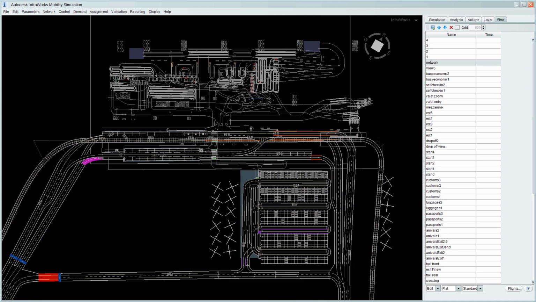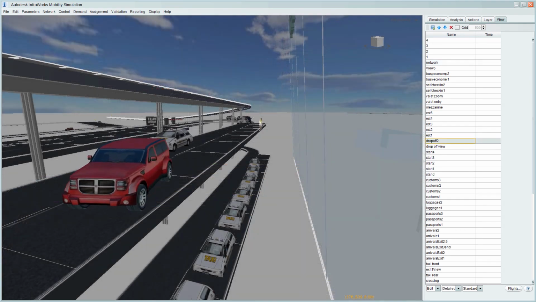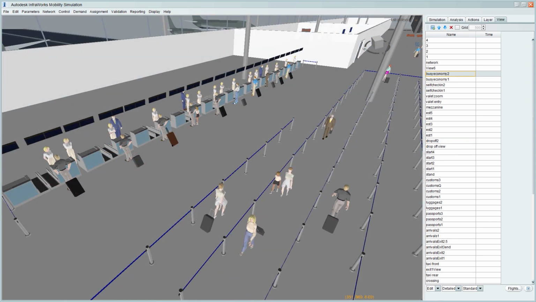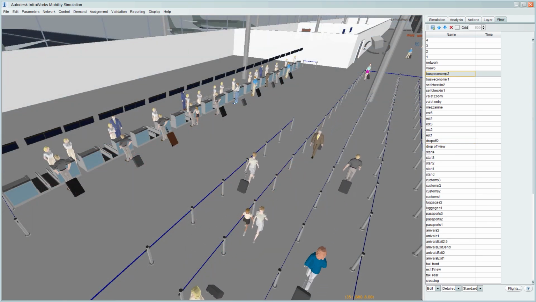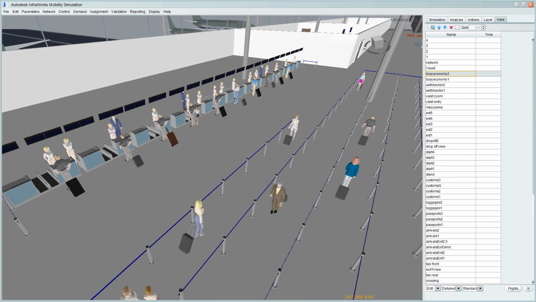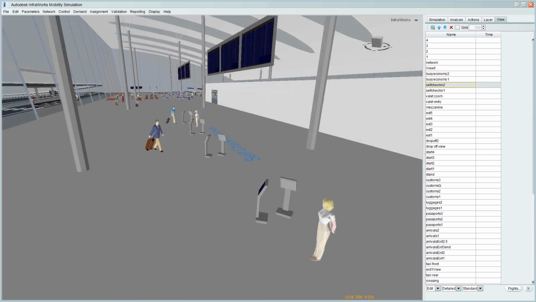This particular example is of an airport. We have a fully modeled network for this airport. So we have people arriving in cars, heading through the queuing systems to the manned check-in, and also the self-service check-in.